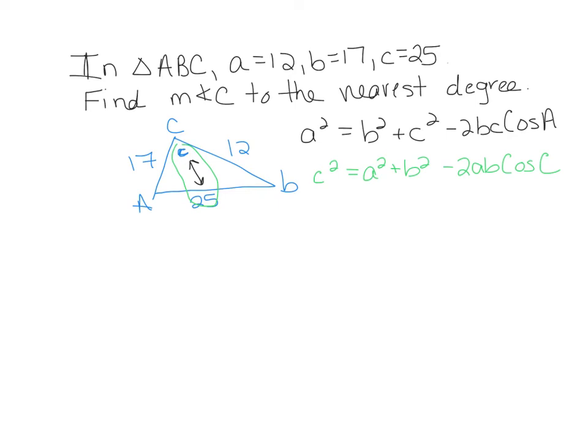I just have to keep, if I move C here, I have to also move C here, and so on for A and B. So plugging them in, side C is 25, side A is 12. Side B is 17, so we'll put those in these two spots too.